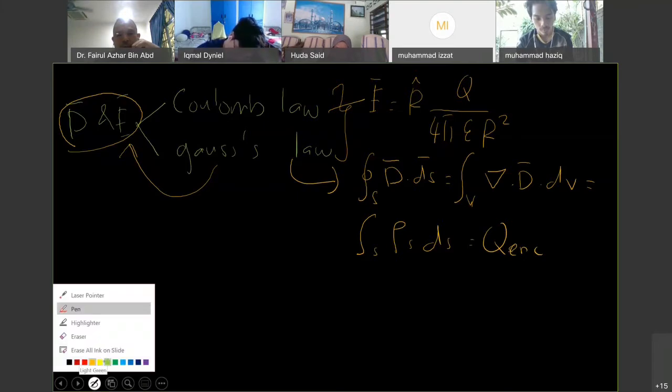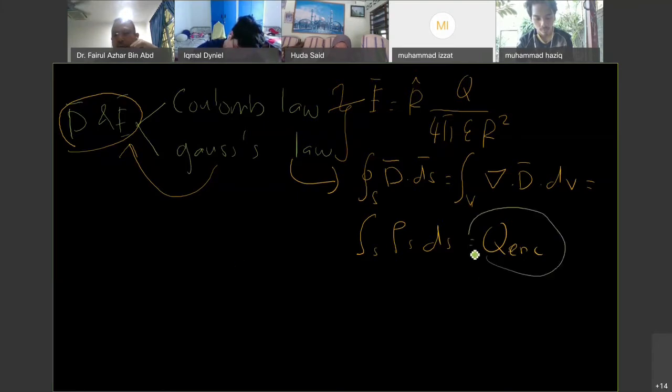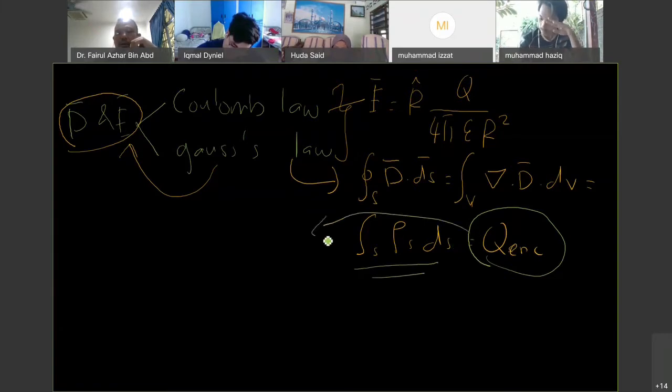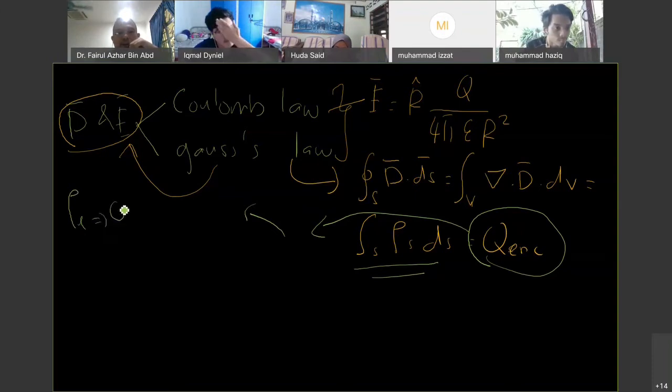When we study about Q, in the Gauss's law, in order to find Q, we need to use this expression. But actually, in order to find the value of Q, instead of using surface charge density, we can also find it by using line charge density, represented by rho L. So we have Q is equal to line integration rho L dot dl.